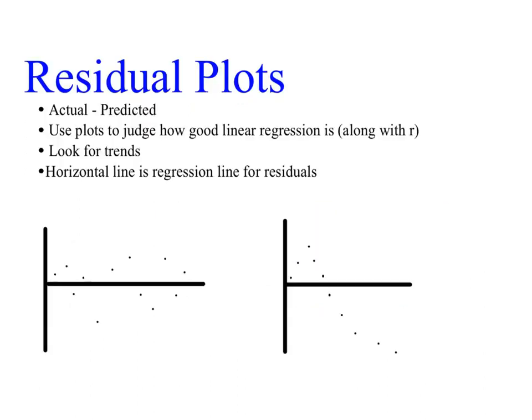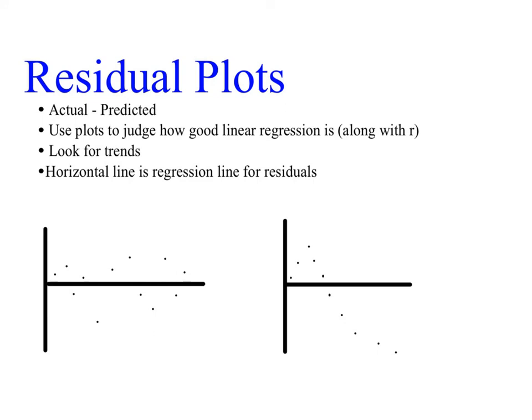And finally, residual plots. If you recall, residual plots were a plot made with the same x value, and then instead of the y, we use the residual, which is calculated by doing the actual piece of data minus what your line would have predicted. The other way to think about it is actual data is always better and comes first over predicted.